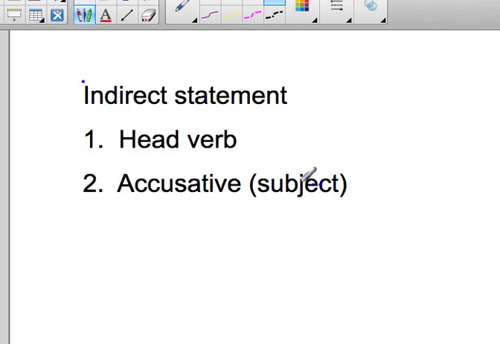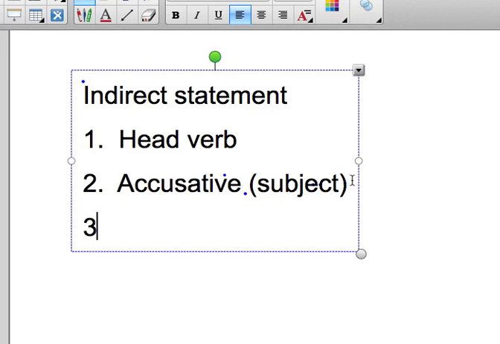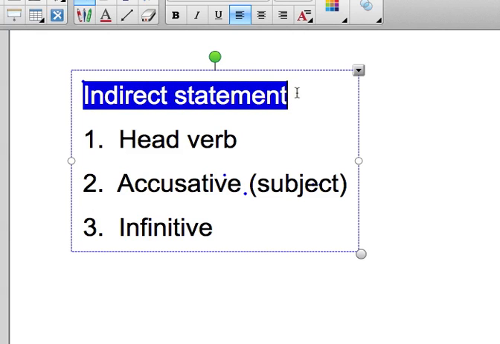The third part of an indirect statement is an infinitive verb. We saw that in all our examples. We had an accusative, then we had an infinitive verb. If you see head verb, accusative, infinitive verb, you're probably dealing with an indirect statement.